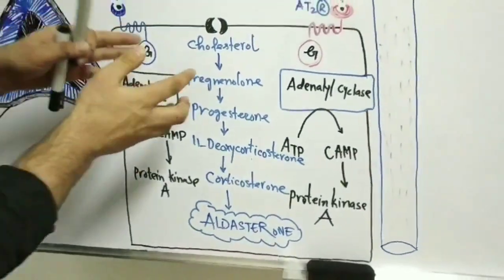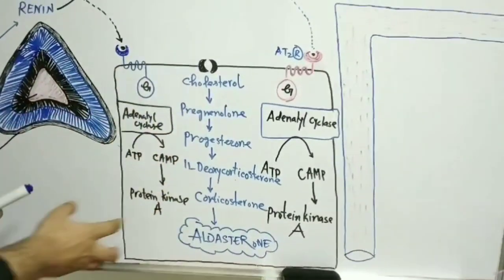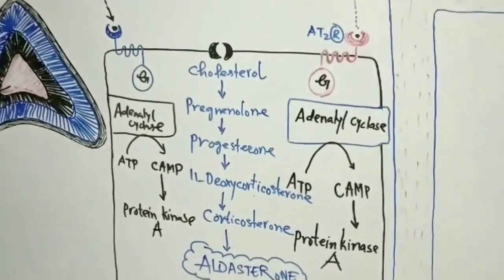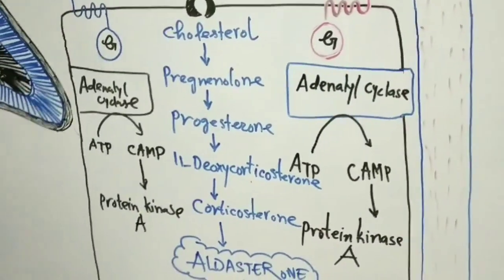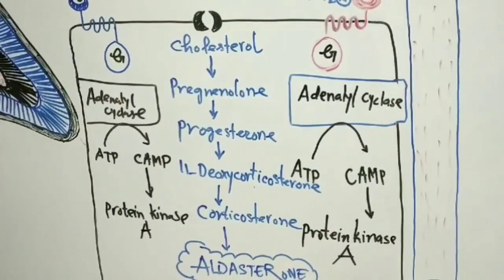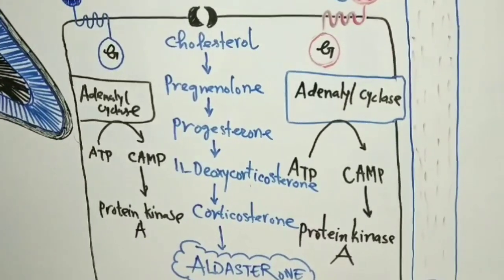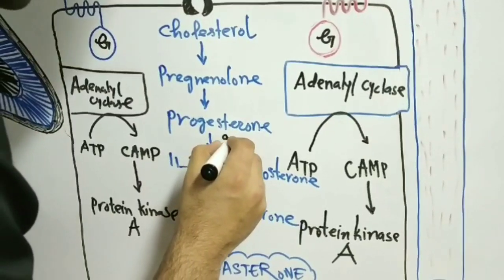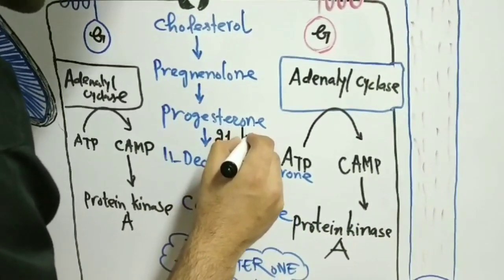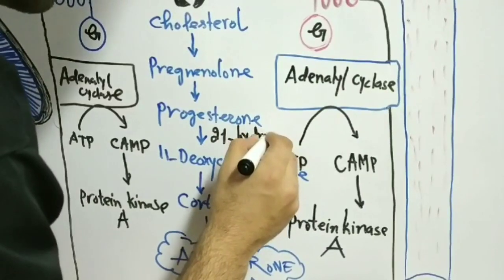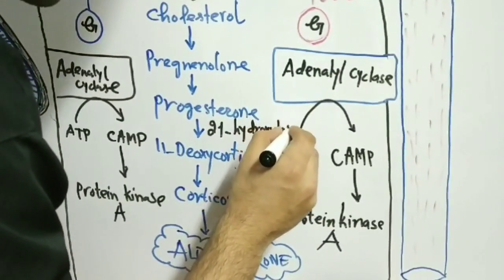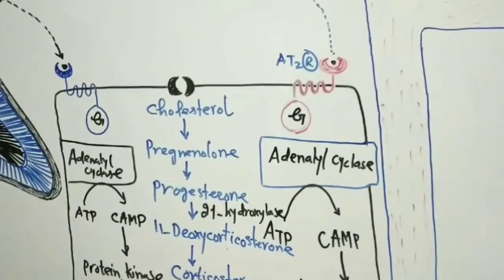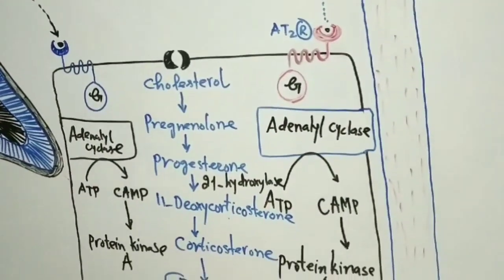There are enzymes in every reaction. I want to mention one enzyme which converts progesterone into 11-deoxycorticosterone. That enzyme is known as 21-hydroxylase. This is a very important enzyme, that's why I have mentioned it here. Now the aldosterone is here.